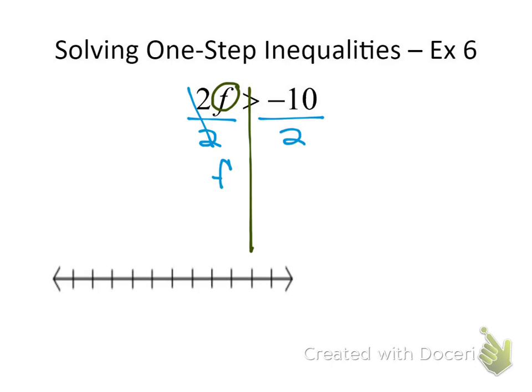My inequality sign stays the same, so f is greater than -5. Open or closed dot? Open. Which way does my line go? To the right, because f is bigger than that -5. So we have to show that the f is to the right of the -5 on the number line. But we don't know what f is. We just know that it's bigger.